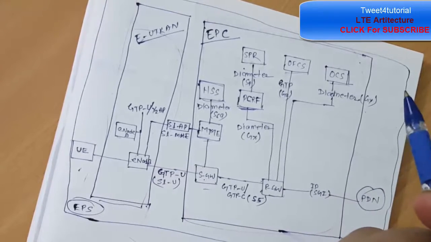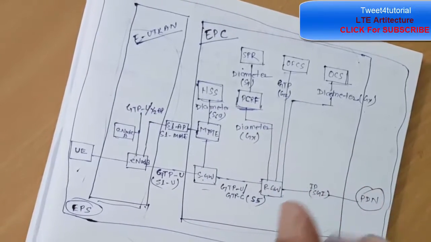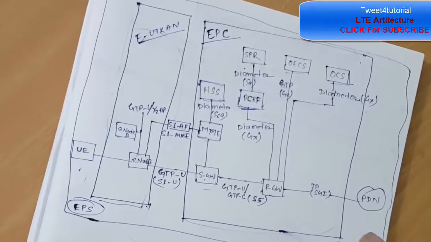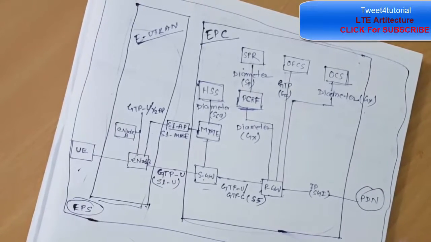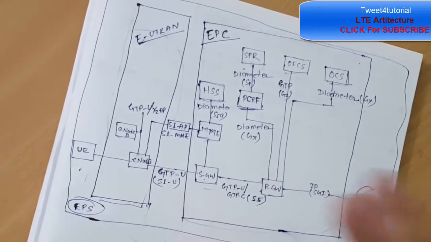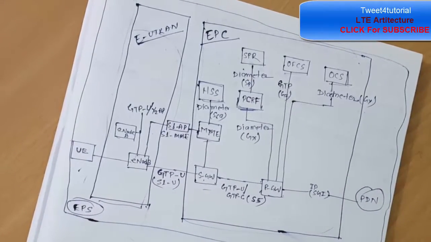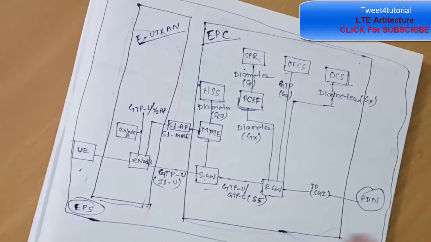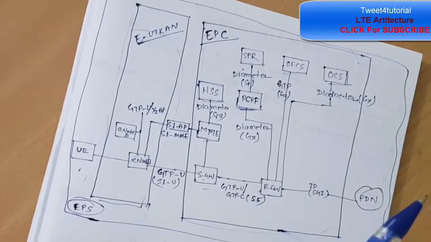So this is an end-to-end all-IP network, meaning that all the traffic flows from the UE all the way to the PDN, which connects to the service entity, and is transferred based on the IP protocol within the EPS. So LTE services are to be provided to users over the LTE network.